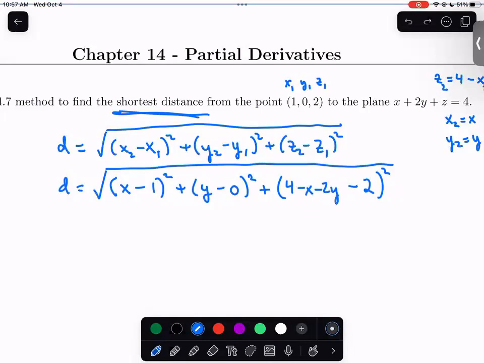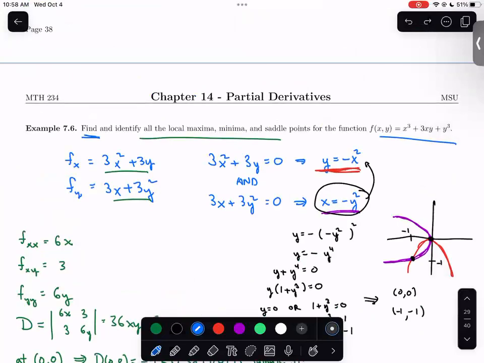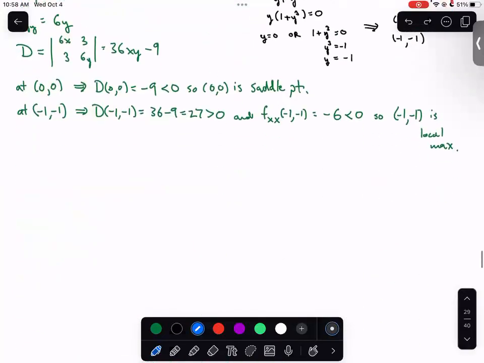I now have a distance equation between these two things. Notice that there are only x's and y's. And so using our strategy that we've come up with here in 14.7, I can find mins and maxes and classify those. We don't yet know how to do this if there were x's, y's, and z's. All of the stuff that we've been doing so far just has x's and y's in our equation.